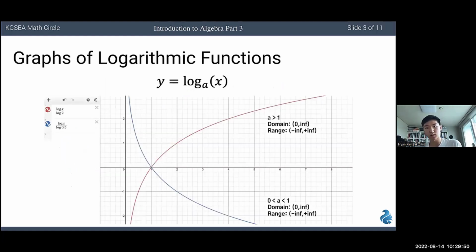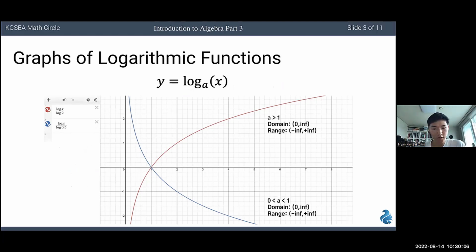This is a basic graph that demonstrates another aspect of logarithmic functions. As mentioned before, the basic form of a log function is y equals log x base a.